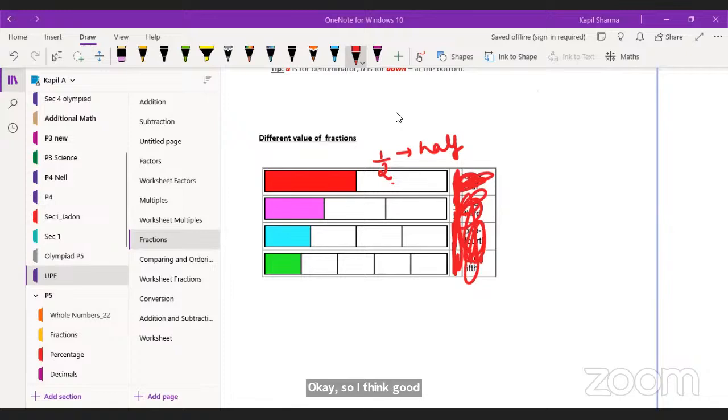So here we're talking about the second one, with this purple color. So it's 1/3, right? Because here the bar is divided into 3 equal parts, and one of those 3 is shaded. So it's 1 out of 3, or we call it 1/3.